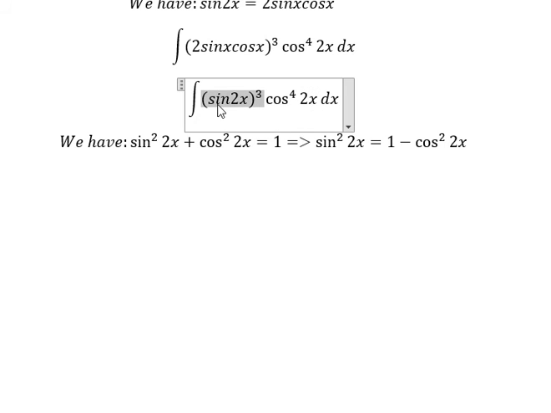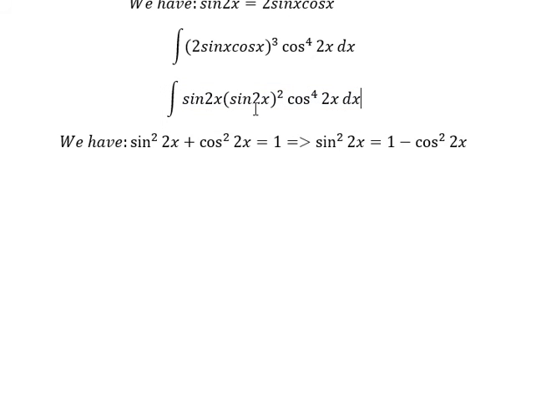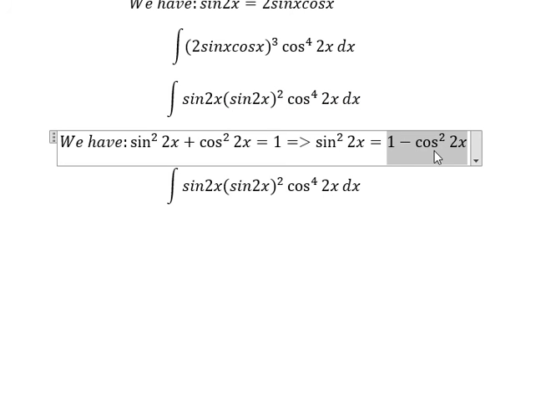In here we have sine 2x to the power of 3, so we separate them into sine 2x and sine 2x to the power of 2. And we convert it to 1 minus cosine 2x to the power of 2 in here.